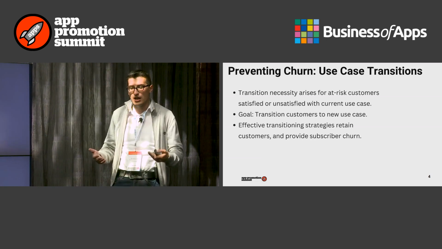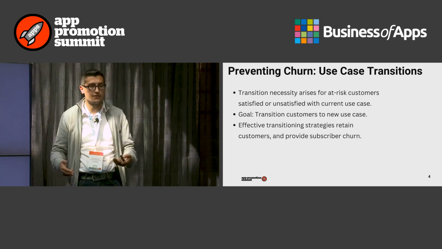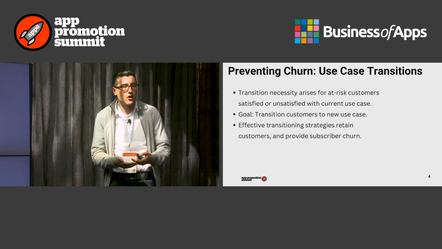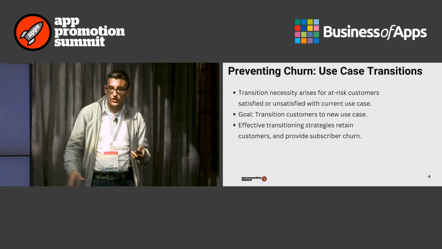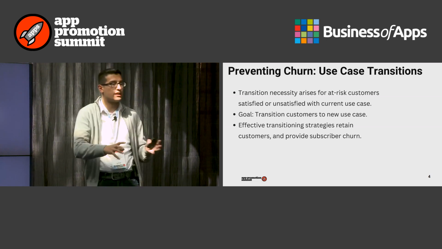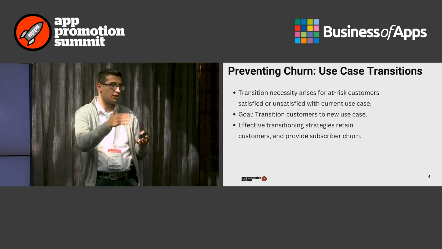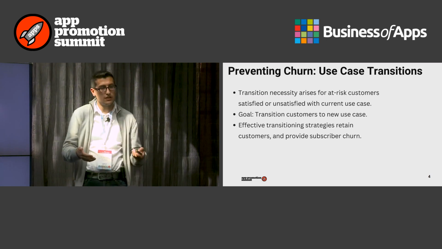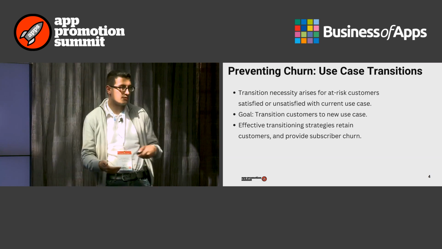Since you are offering multiple use cases, you can transition these users from the sleep stories use case to another use case, which is meditation, or celebrity content if you have it, like Calm has. So you need to use your CRM again and also optimize your product to be able to transition users from their use case to another use case and make sure they adapt to it. If you successfully do this, they're going to have another reason to stay and pay for a subscription.